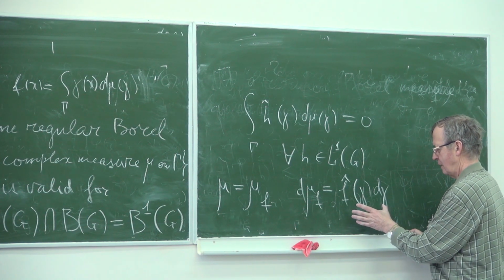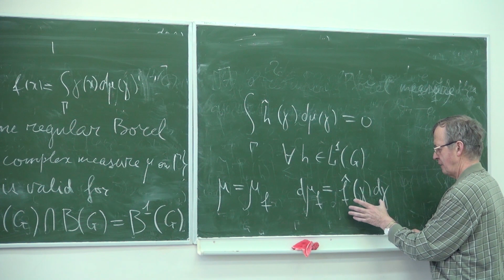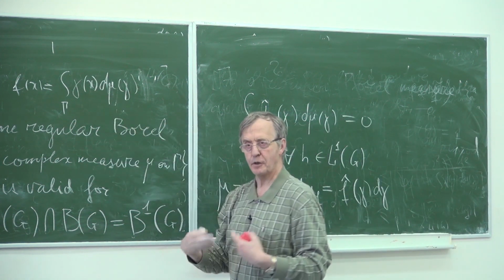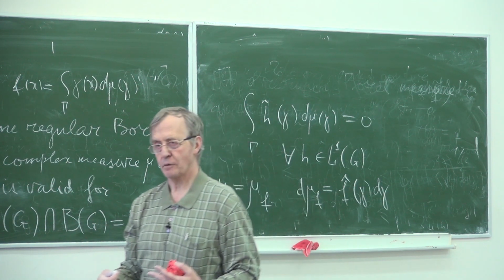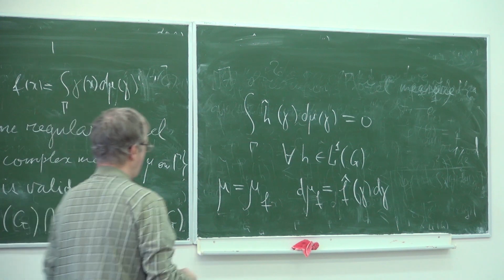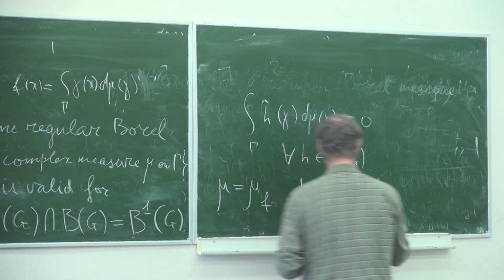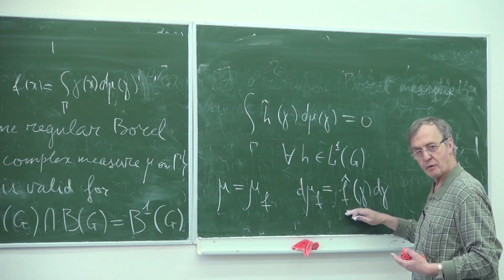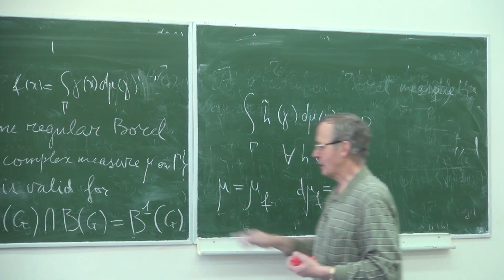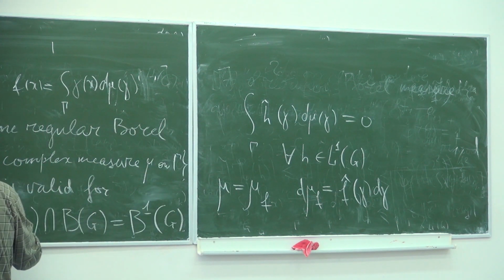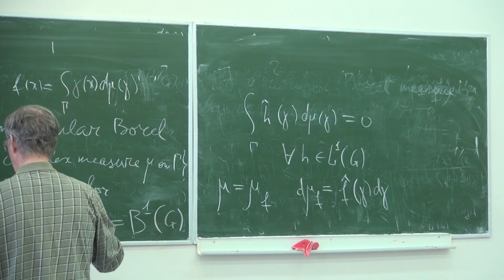So in particular, this theorem says that this representative measure is necessarily absolutely continuous with respect to the Haar measure on gamma. And moreover, its density is equal to the Fourier transform of f, and this Fourier transform is integrable, and so on.